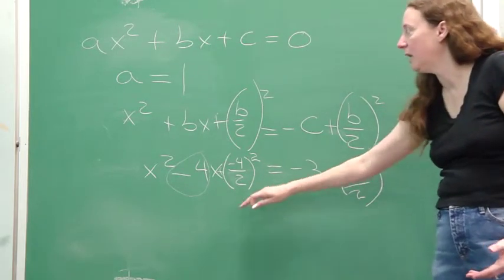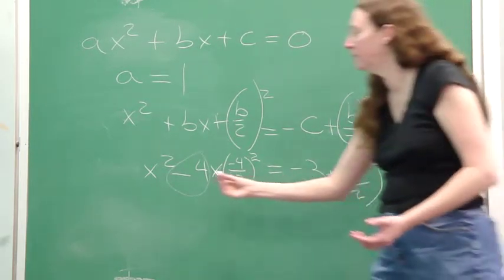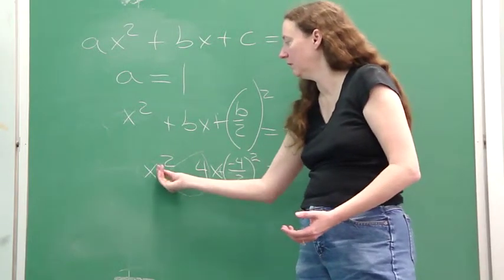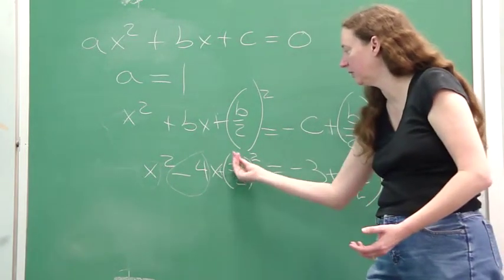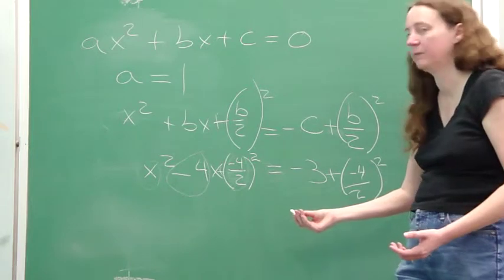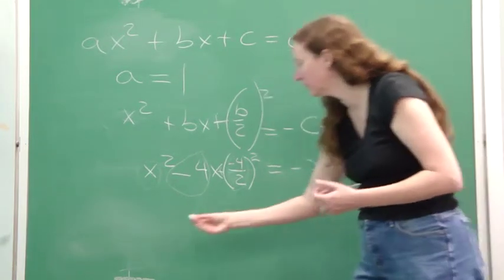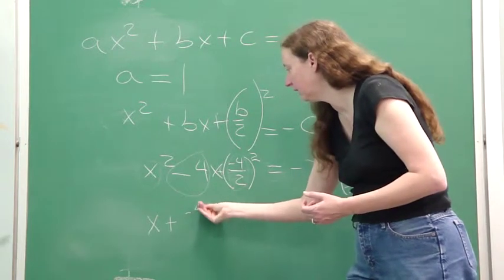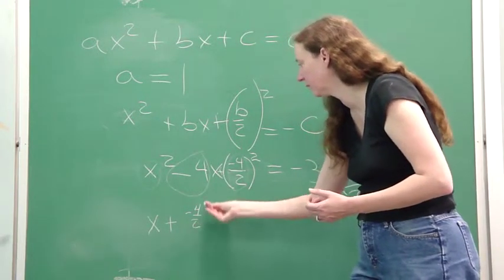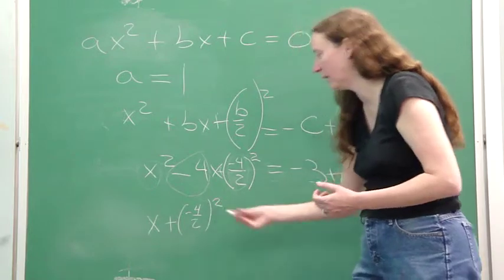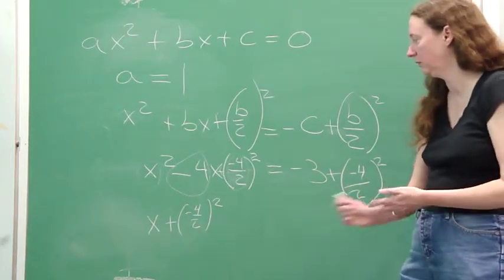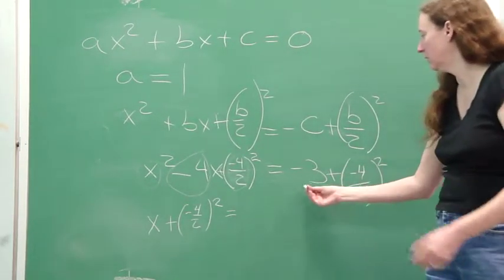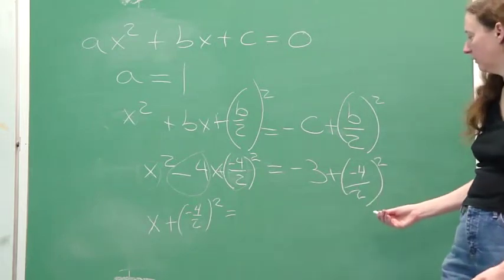Having it set up this way, I can now say that this plus this quantity squared: x plus negative 4 over 2 squared equals negative 3 plus negative 4 over 2 squared.